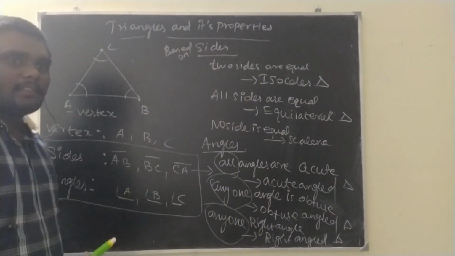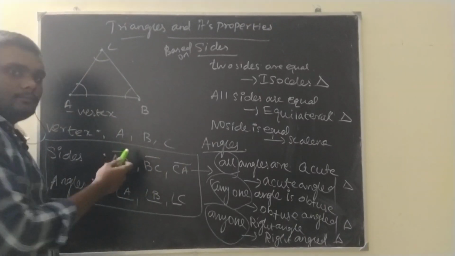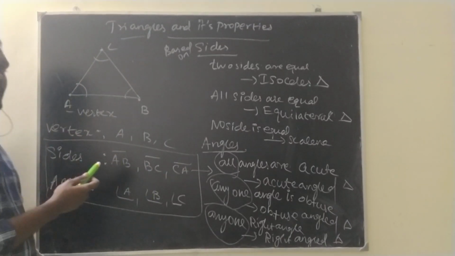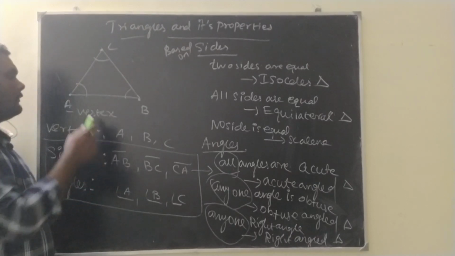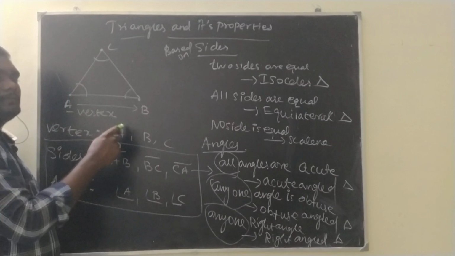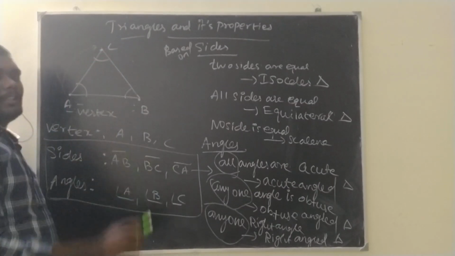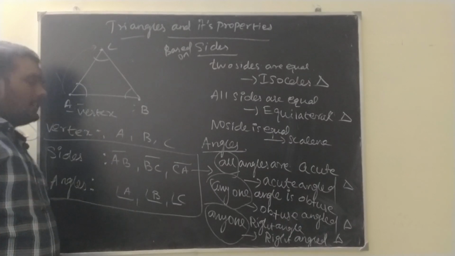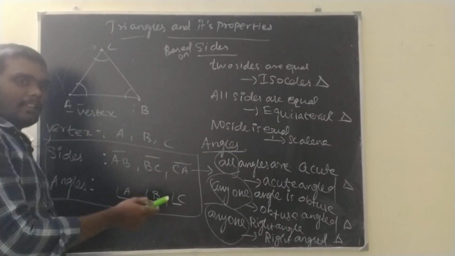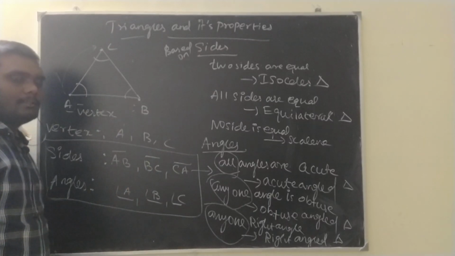See, adjacent means right next to each other, that we know. For vertex, whom will you call adjacent vertex? For A, who is the adjacent vertex? B is adjacent, right next to each other. Also, C is adjacent. Likewise, for B, A and C are adjacent. For C, A and B are adjacent.